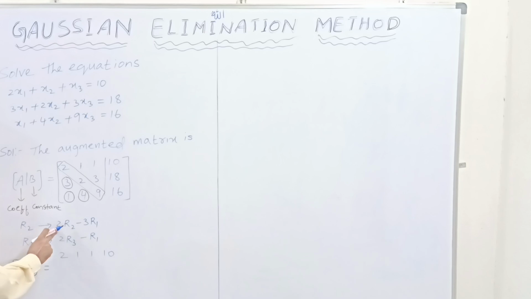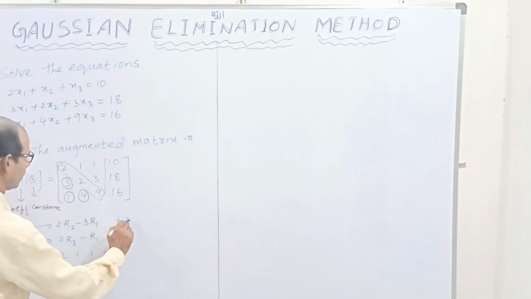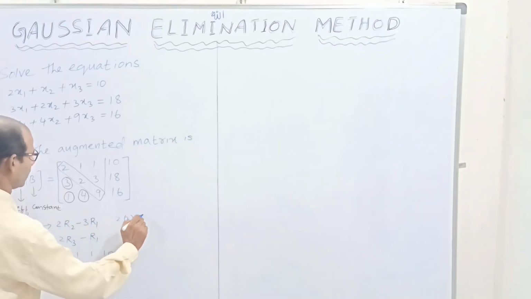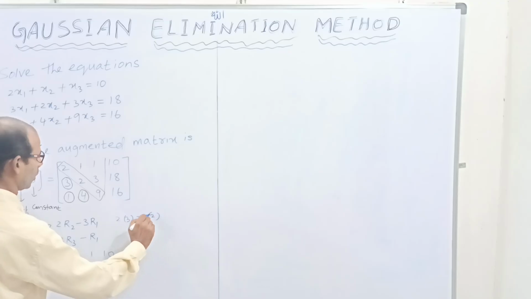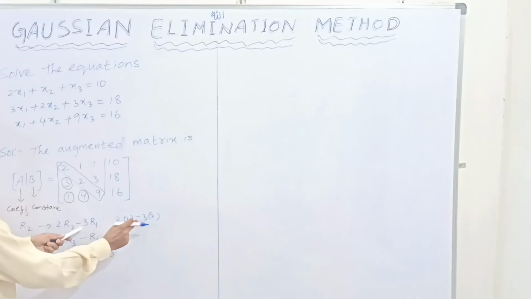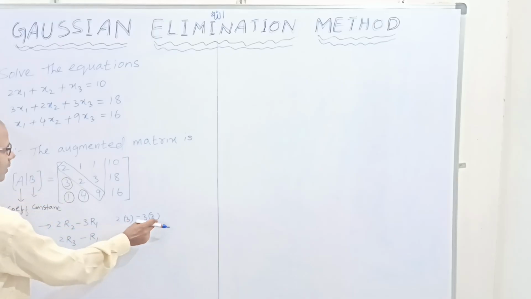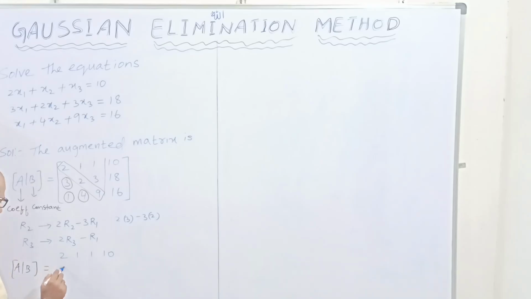Now row 2, apply the operation 2R2 minus 3R1. 2 into 3 is 6, minus 3 into R1, that is 2. So 6 minus 6 becomes 0.